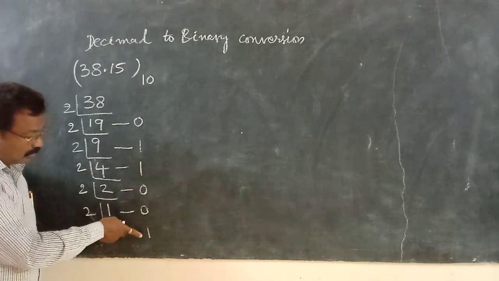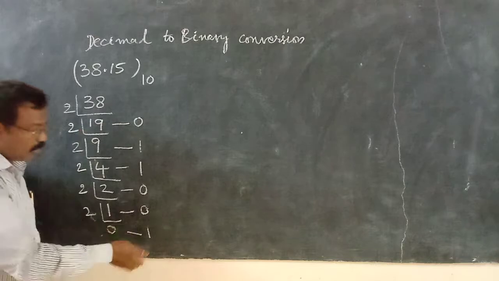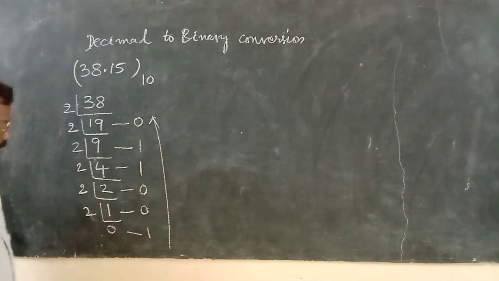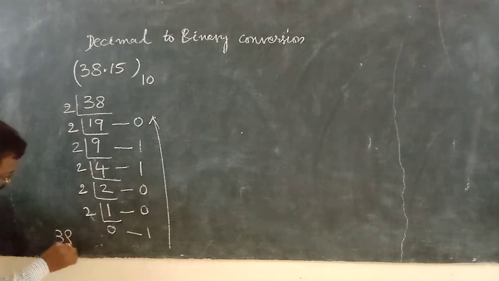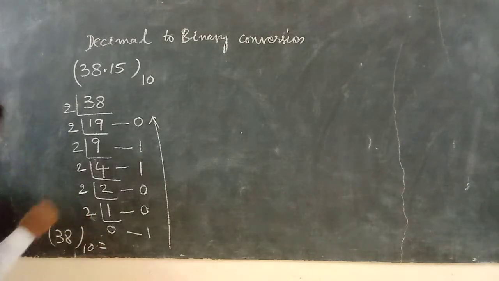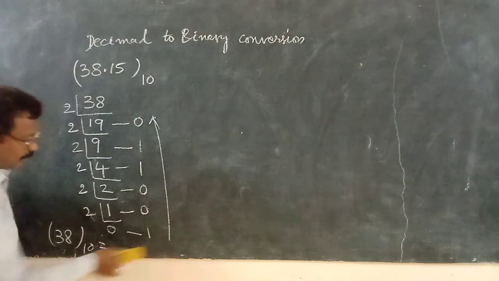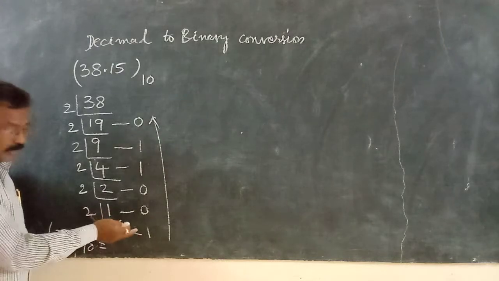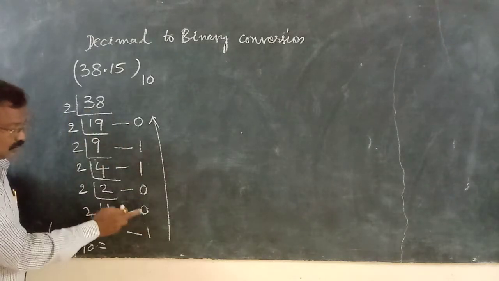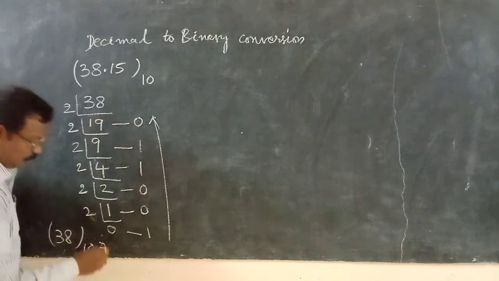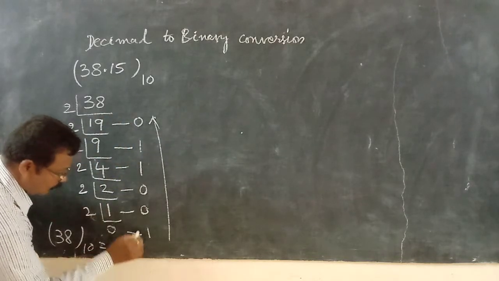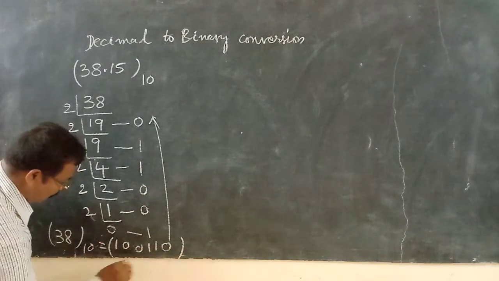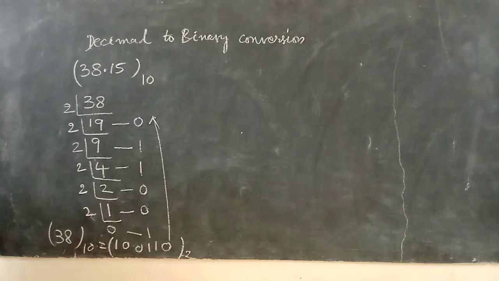So 38 base 10 is equal to, collecting the remainders from bottom to top, 1 0 0 1 1 0 base 2.